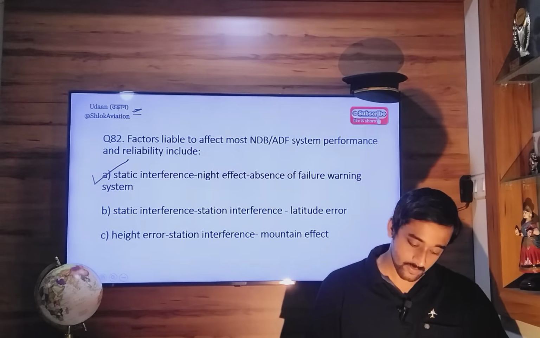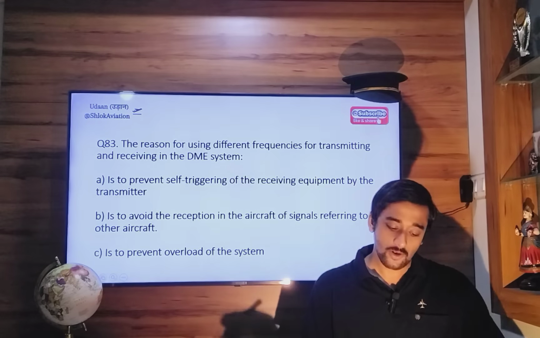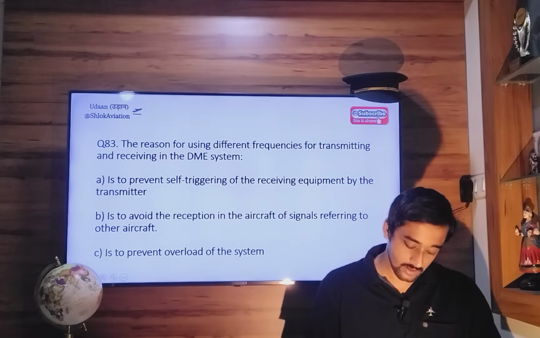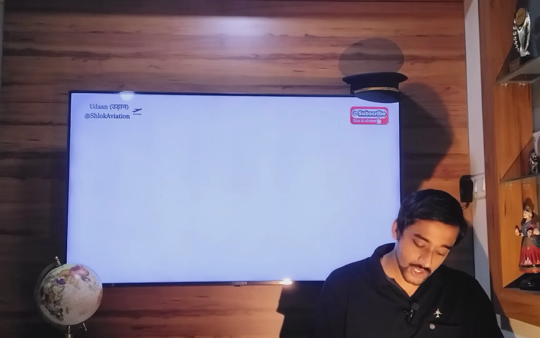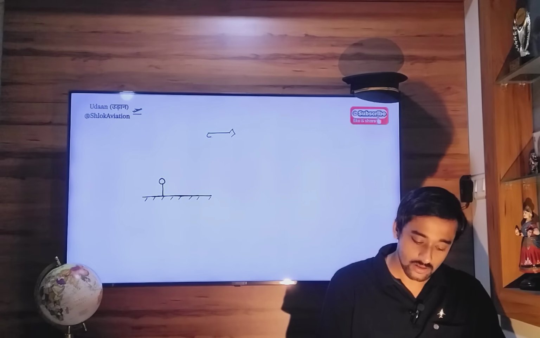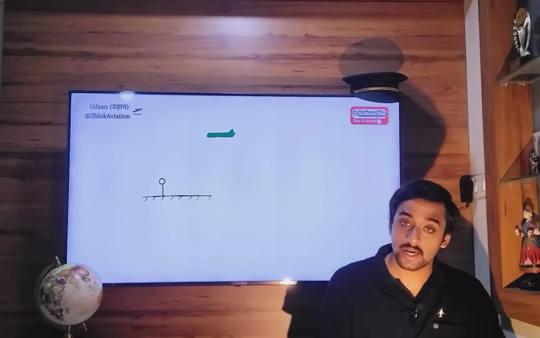So option A. The reason for using different frequencies for transmitting and receiving in the DME system is, now let's say this is your ground. You have the DME ground station, you have aircraft. Now this aircraft is your interrogator.